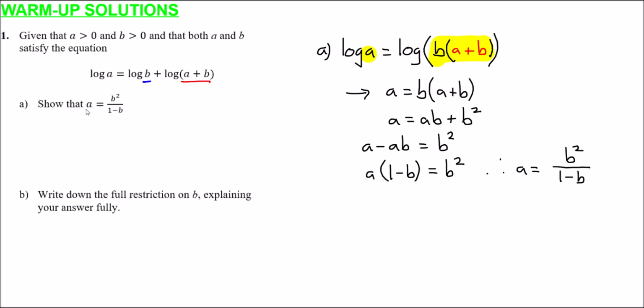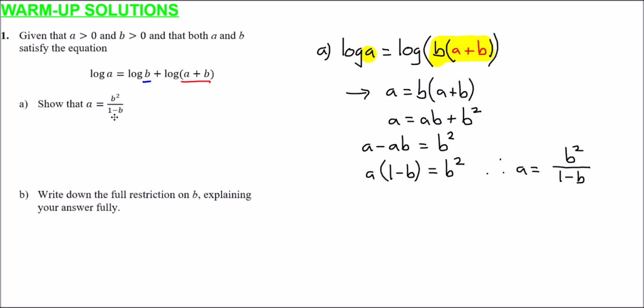Well, if you have a look here, because A has to be greater than 0, then this whole expression, because A is equal to this, must be greater than 0 too. B squared is going to be greater than 0, and so 1 minus B underneath must be greater than 0, because positive divided by a positive will give us a positive. And so the key to answering part B is that 1 minus B itself must also be greater than 0.